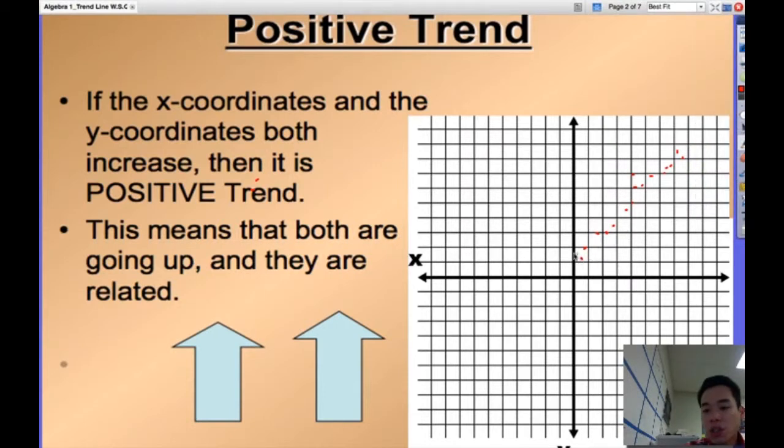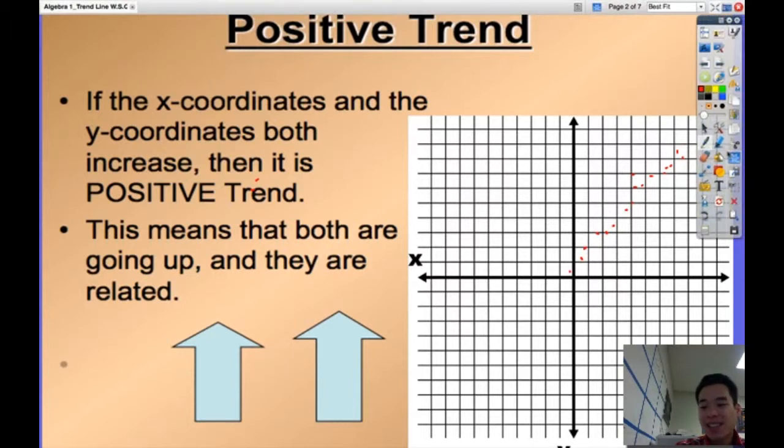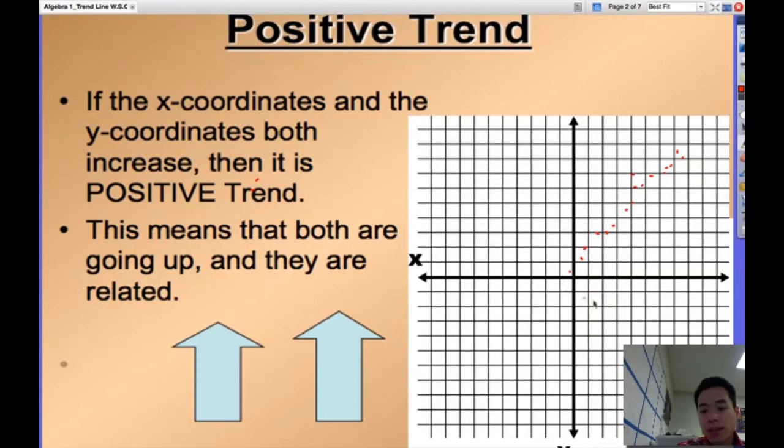But from the general overall pattern, I can see that it's moving in a positive direction, because as my x is increasing, so are my y values. So that's called a positive trend.